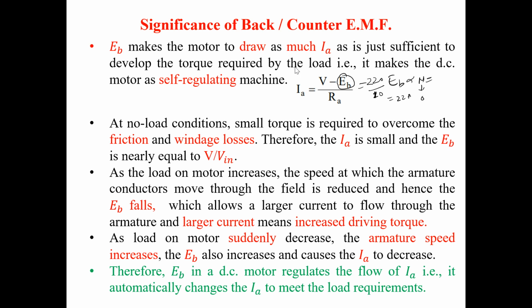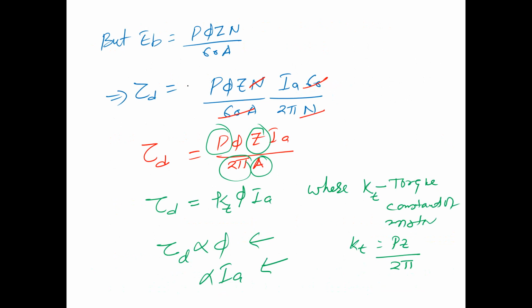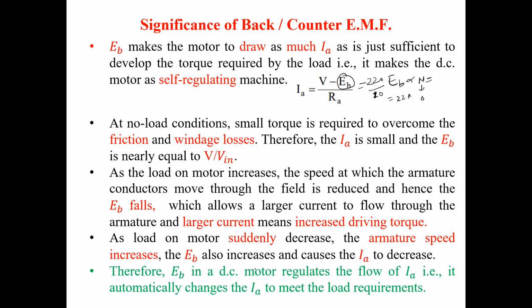Because to develop a torque, this IA is necessary. That means to rotate a DC motor, this current is necessary to develop in the machine. So to develop this torque, we need IA. Then this EB makes it self-regulating, that how much its value will change further depends upon EB.